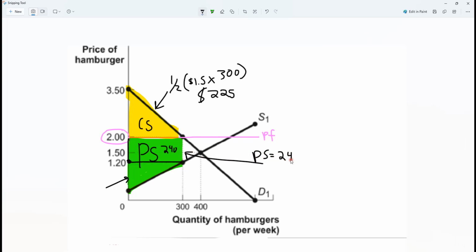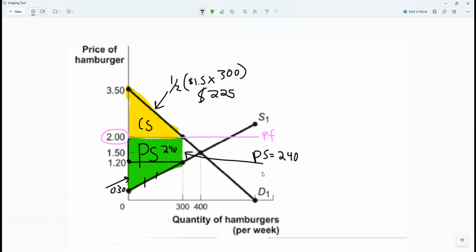It would be 240. And then for this part, I need to know what this point is right here, and I know that it's 0.3, and I did this in a different video, so I'm not going to spend too much time on it. But since the supply curve seems to be increasing by 100 units every 30 cents, I could walk this backwards and say, well, 200 units would be 90 cents, and 100 units would be 60 cents, so therefore 0 units would be 30 cents.